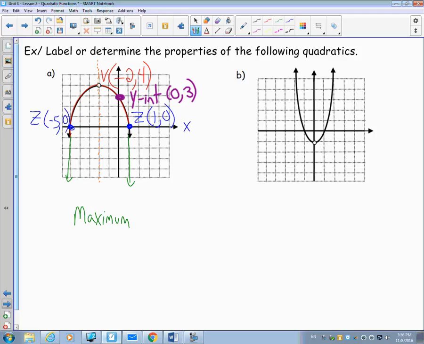Because it's a vertical line, it's always x equals. If you look back at the property, it actually says it has the x value of the vertex. The axis of symmetry travels through the vertex. So whatever the x is here, it's got to be the same x all the way along. So our axis of symmetry, and be careful here, make sure it's an equation, x equals -2.